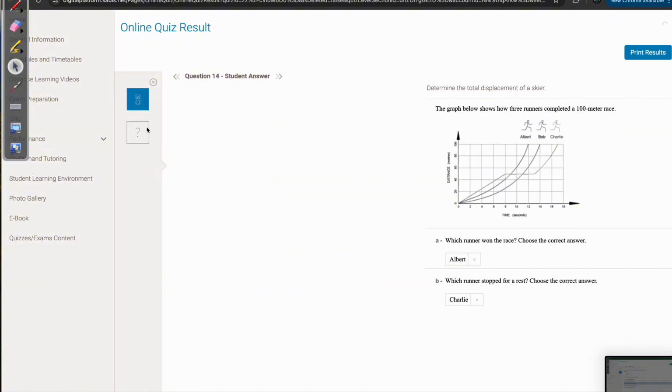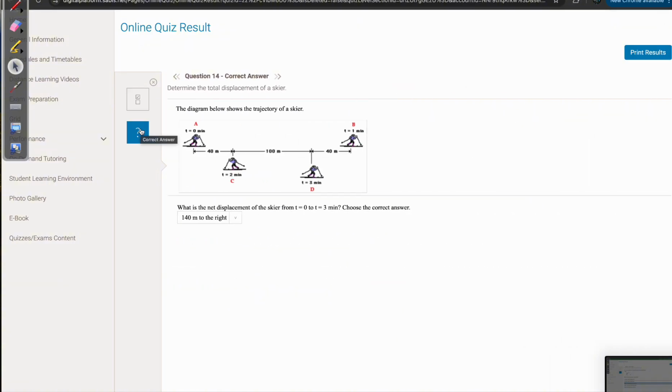Now number 14. The diagram below shows the trajectory of a skier. What is the net displacement of the skier from t equals 0 to t equals 3 minutes? For this one, we're just gonna do the final minus the initial.